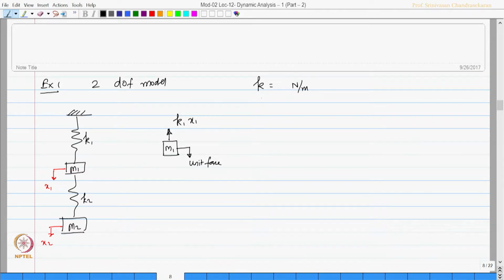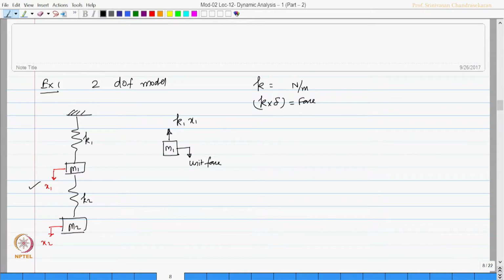If I multiply stiffness with displacement, I will get the force. So, when the mass m1 is tried to move by unit force at the first degree of freedom x1, K1 spring will restore the mass.